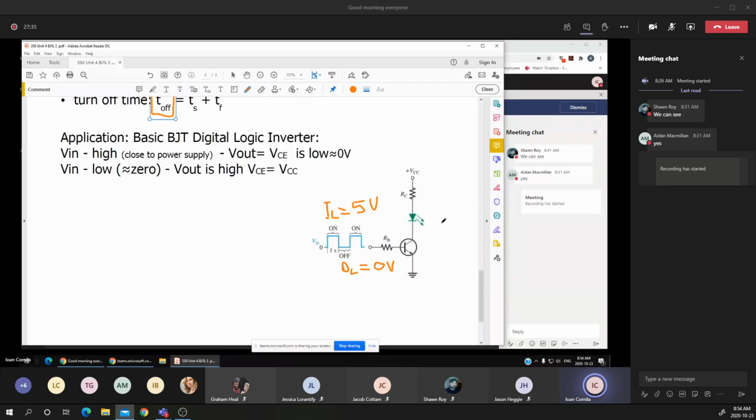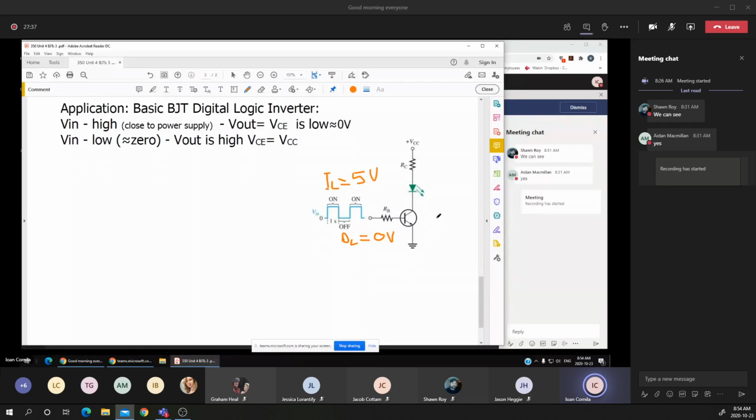Now, you notice that the simplest way to visualize the transistor as a switch is using a function generator with a square waveform, which is visualized by using an LED. Remember that those two arrows pointed up are a light emitting diode.